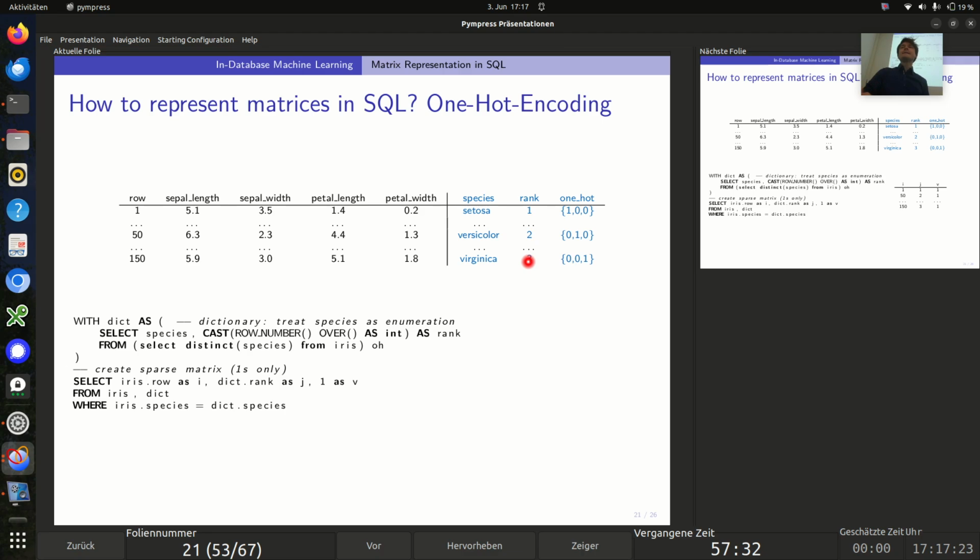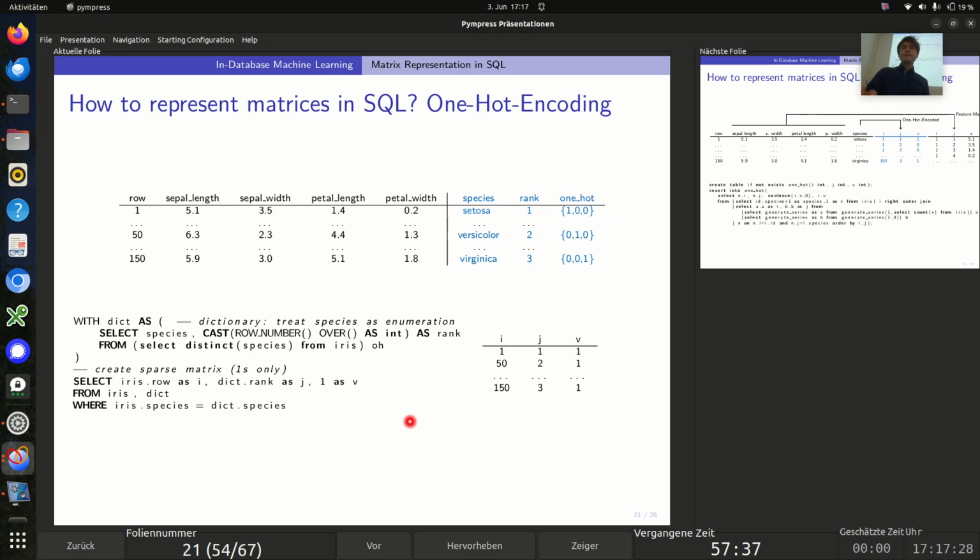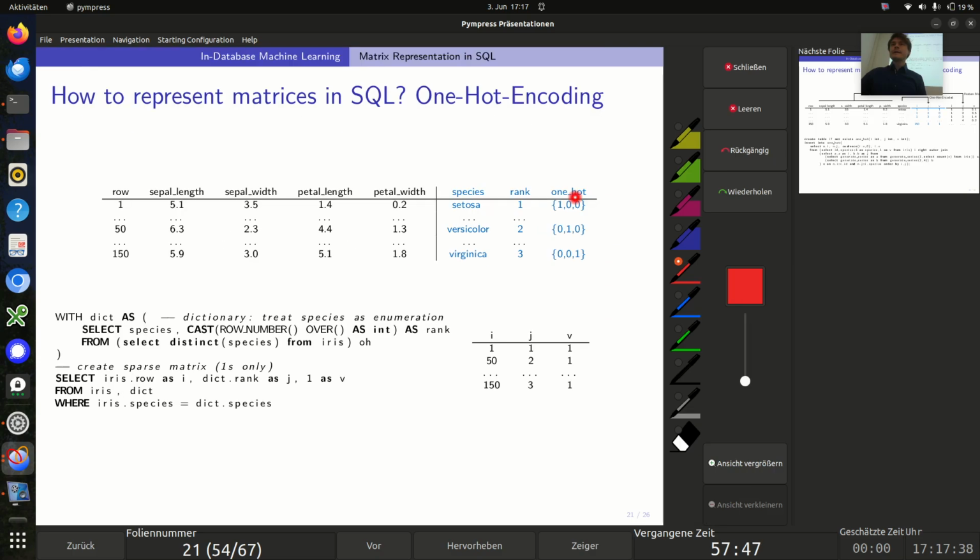So now in the next step, I want to get to one hot encoding. What I do actually is a bit of a trick of mine: the row number is used as the matrix entry. So I have my matrix, and at the point where it should be 1 is actually the entry.